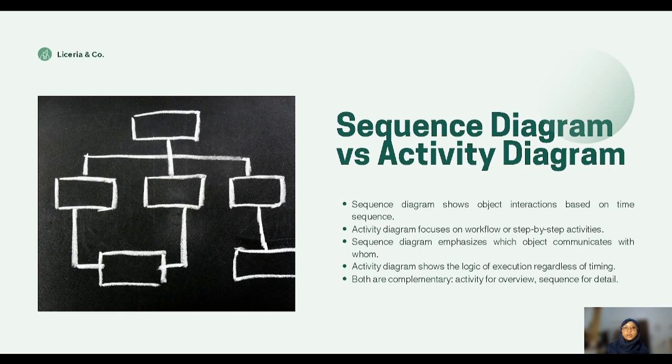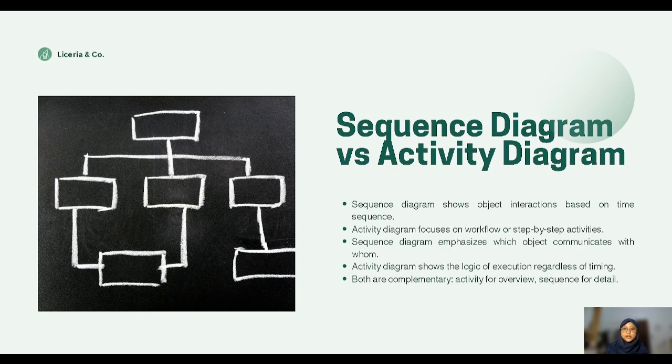Now, what is the difference between a sequence diagram and an activity diagram? A sequence diagram shows object interaction based on time sequence, and the activity diagram focuses on workflow or step-by-step activity.